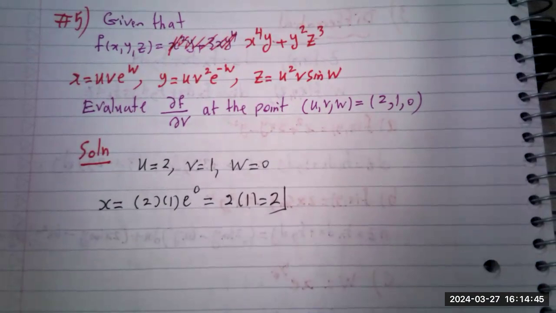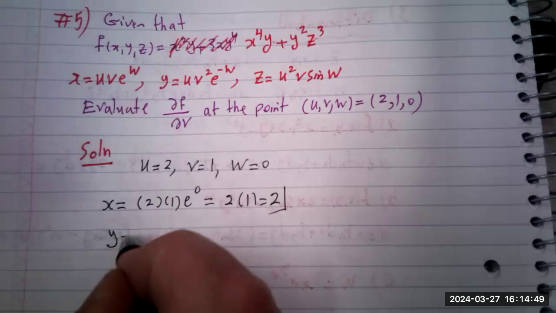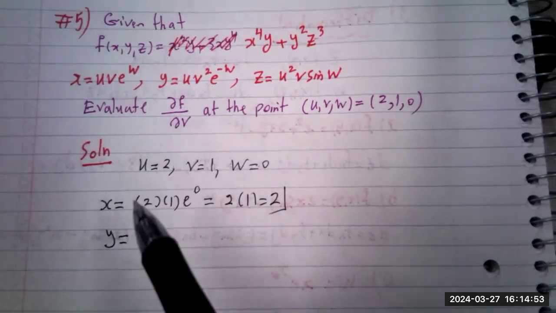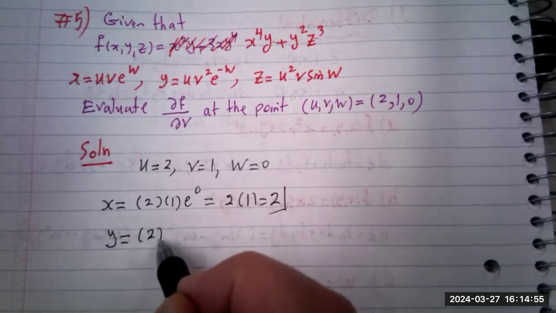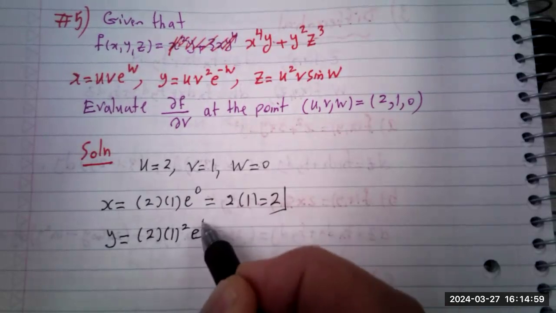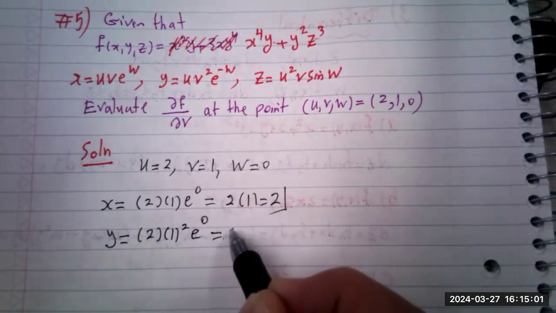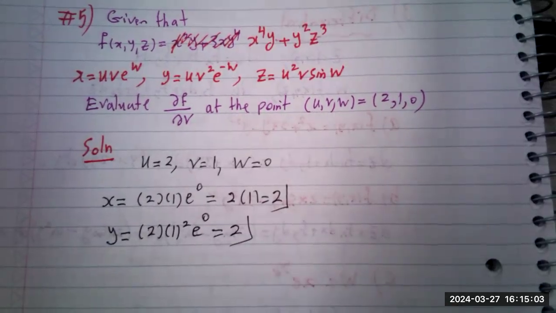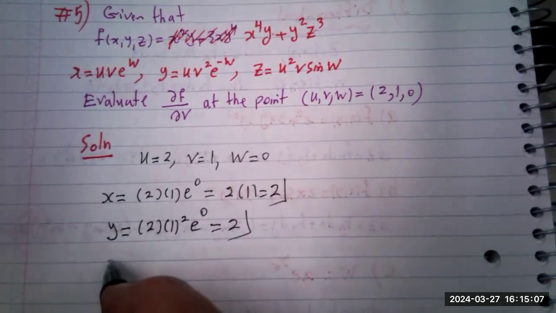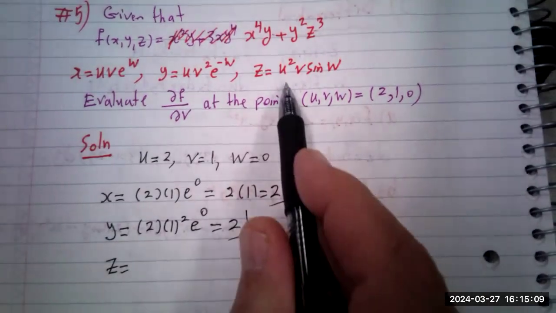Similarly, get the y. Y is u, which is 2, v squared, 1 squared, e to the negative w, again e to the 0. That gives you 2 again, because e to the 0 is 1. Then we have z equal to u squared v.